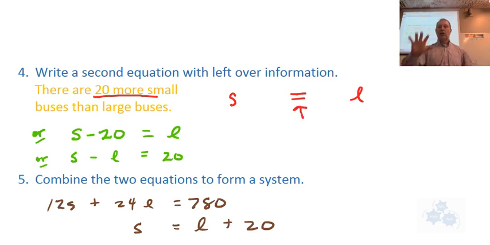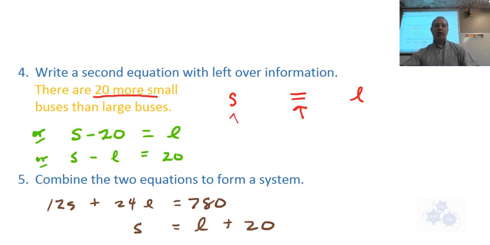If you have a large number of something and a small number of something else, in order to make them equal, you would either have to subtract the difference from the large one, or you would have to add to the small one. Does that make sense? So 20 more small buses than large buses.